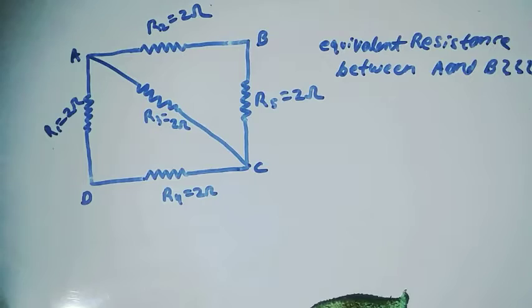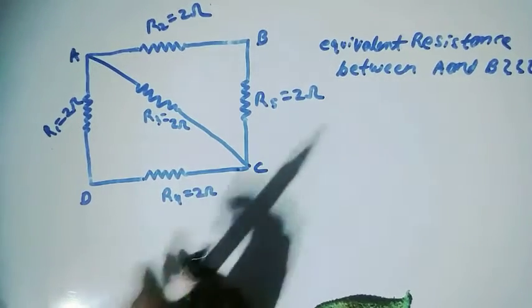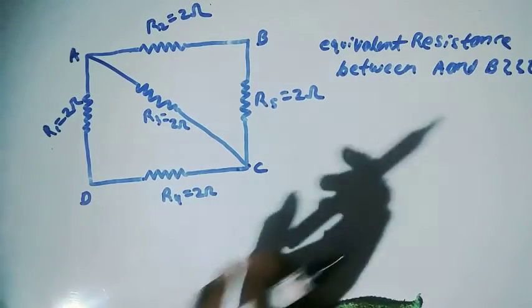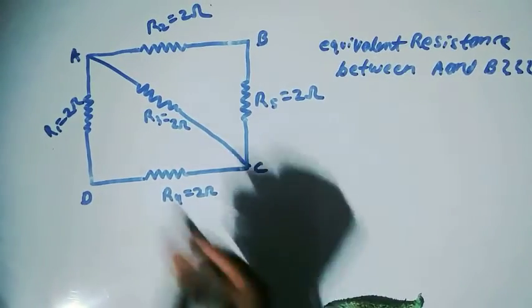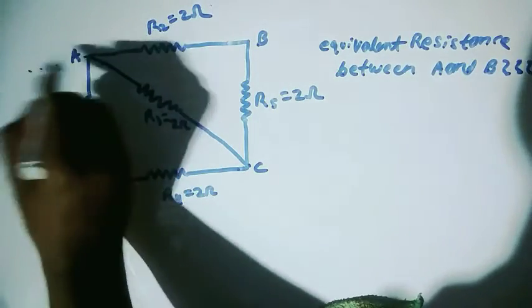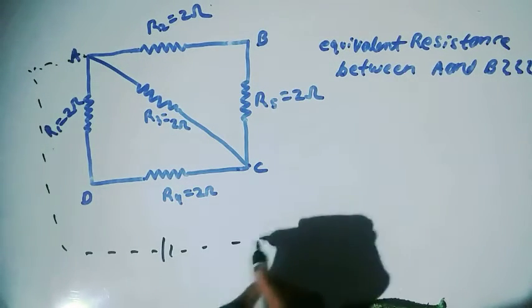Okay, so here is our last question. Here these resistors are connected like this, and we need to find the equivalent resistance between A and B. So connect them to an imaginary cell for understanding.